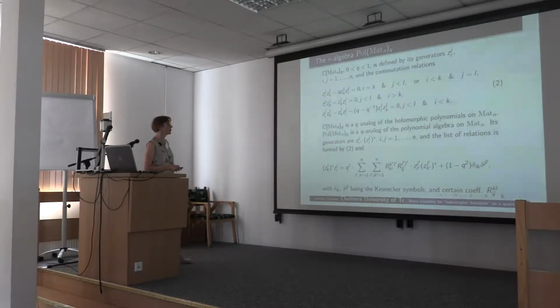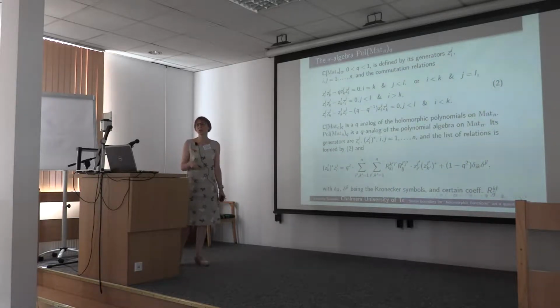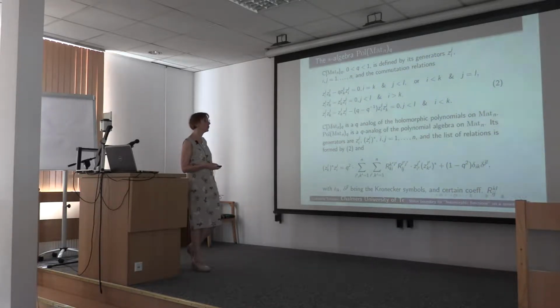And we need also a relation between holomorphic generators and anti-holomorphic generators. And these are the relations. So they look quite complicated. These are coefficients coming from R-matrices corresponding to the quantum group U_q(sl_N).